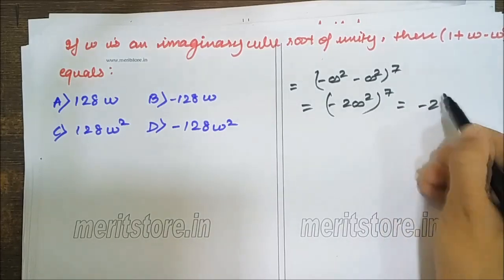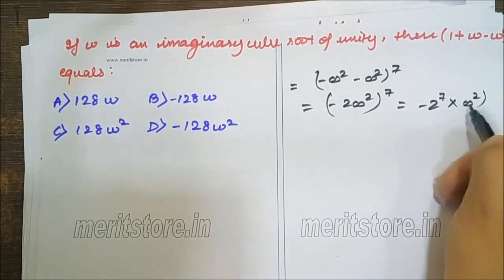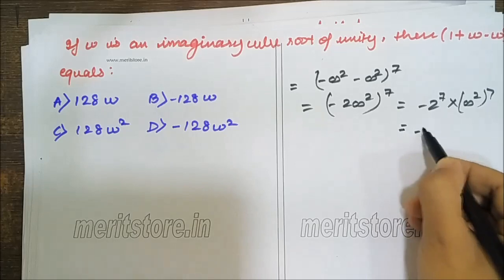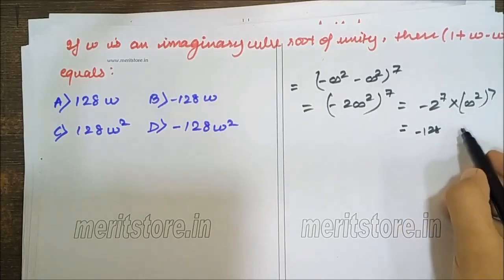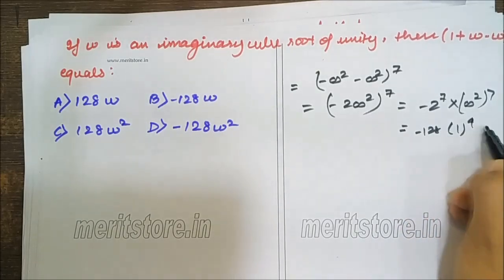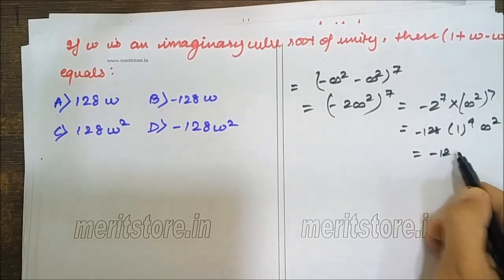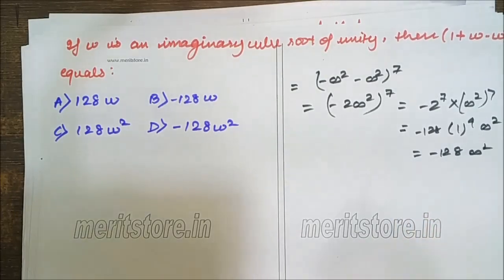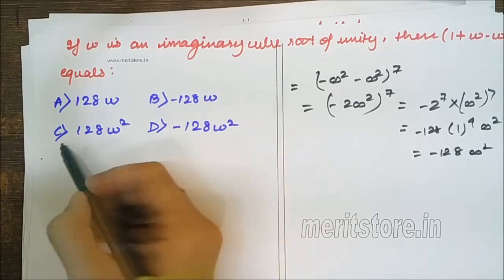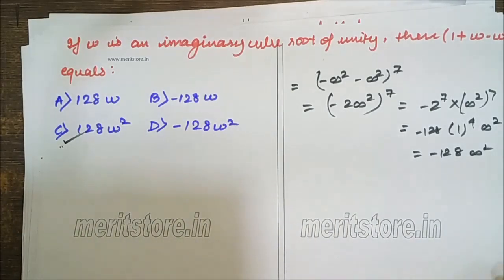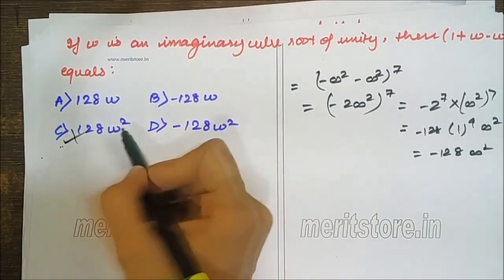So minus 2 raised to 7 into omega squared raised to 7, that is minus 128 omega squared. So your answer is C. Sorry, answer is D.